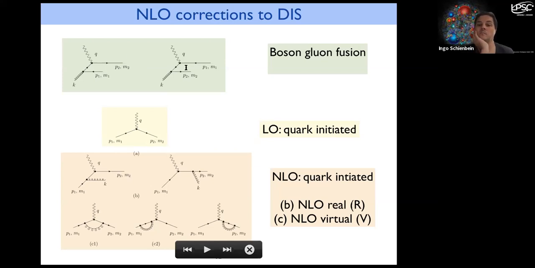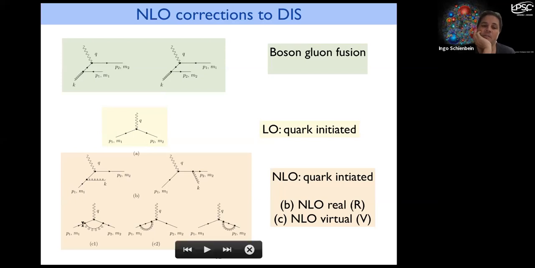And as I said, when you calculate this, the real part will have a soft divergence. The virtual part will also have a soft divergence, which cancel. And in addition, the real part here has a collinear divergence, and the virtual part too. And they have to be treated by mass factorization.